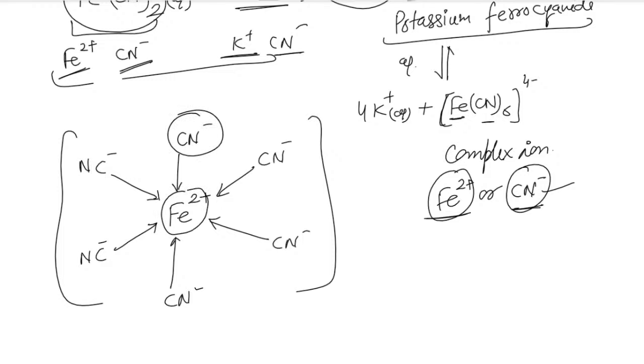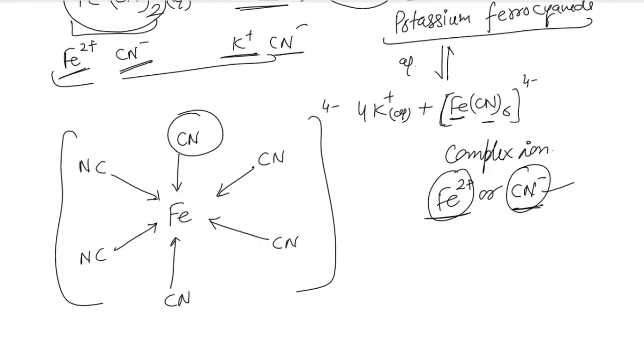They are not ionized actually. So we can write it like there are 6 negative and 2 positive, so there is a 4 negative ion. Got it? This compound is formed from the combination of two stable compounds, and it retains its identity in the solid state as well as in the solution.